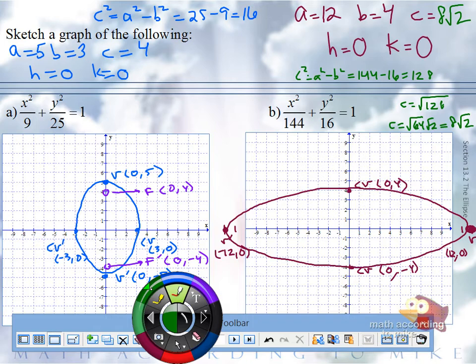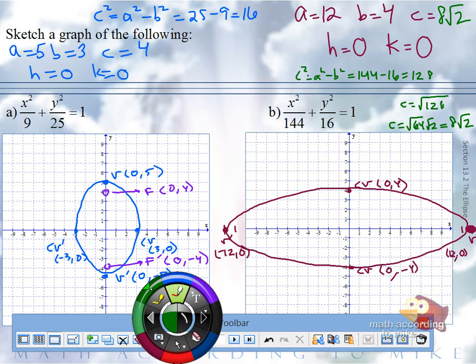You don't need your calculator because the uncleaned up one was square root of 128. Well, 128 is between what two consecutive perfect squares? So 128 is between 11 squared, 121, and 12 squared, 144. So as a decimal, square root of 128 must be between 11 and 12.